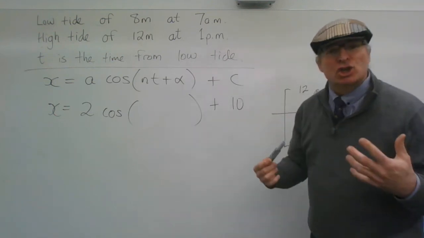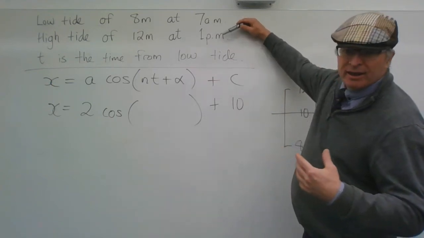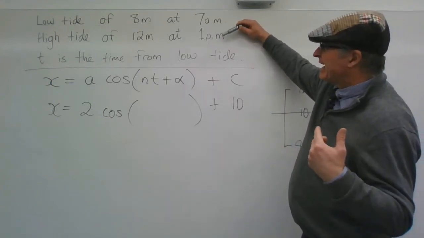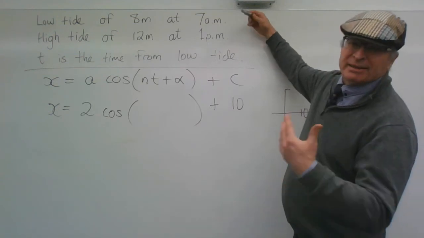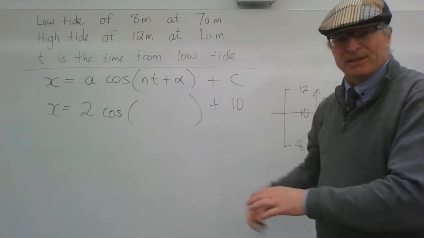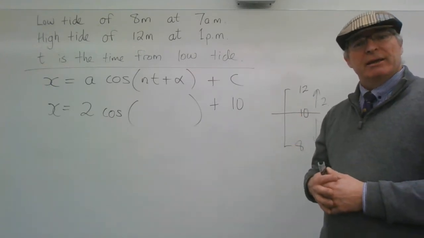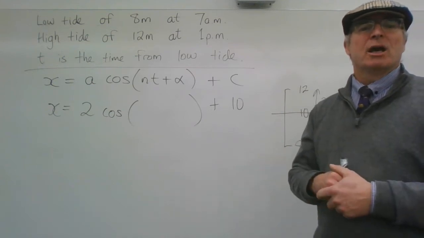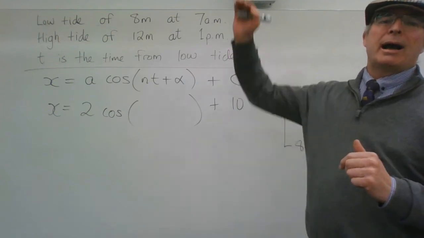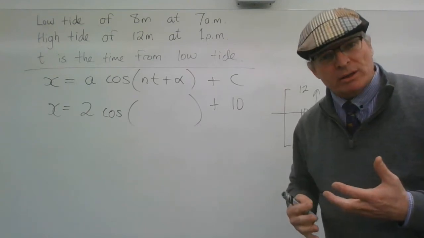Now, if we assume that when it goes from low tide to high tide, it takes 6 hours, so it takes 6 hours to get back to the next low tide, the big assumption that we're going to have from this question is that the period of the oscillation, going from low up and back to low again, one full cycle, is 12 hours.